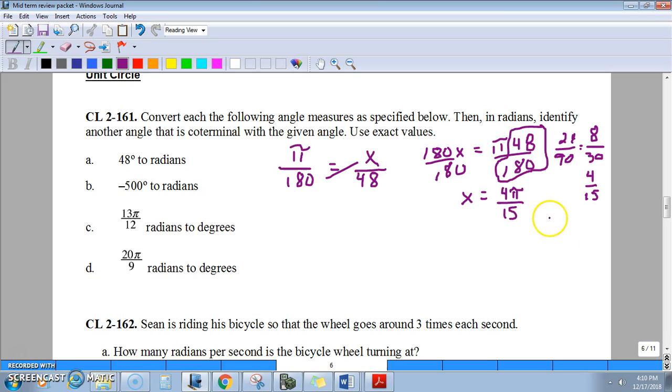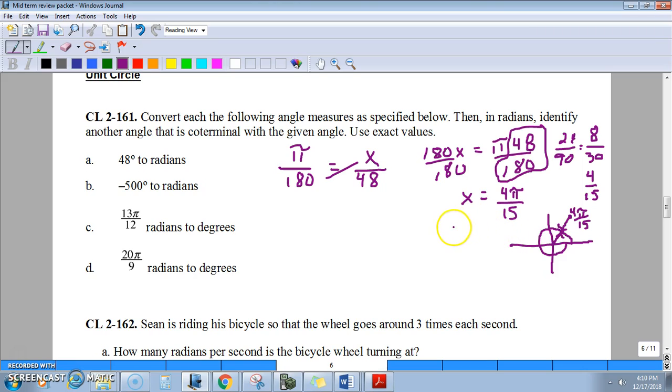And then you need something that is coterminal to that, so another angle that ends in the same spot as the given angle. So 4 pi over 15 is less than half a pi, so it's going to be somewhere in the first quadrant. Okay. And then what's a coterminal angle with it? Well, we can just go negative if we go this way. It ends in the same spot.